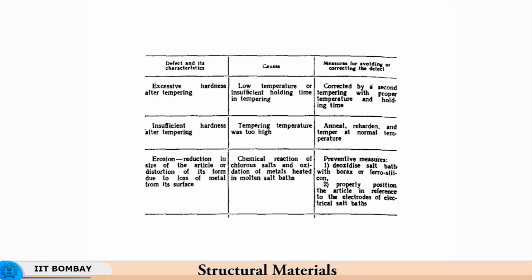Another possibility is that particularly in salt bath type of situation, the chemical reaction between the salts of the salt bath or oxidation of the metals can result in rapid removal of the material, because now the material that has reacted with the salt bath or the quenching medium will get removed due to agitation, and therefore, you will have shrinkage.